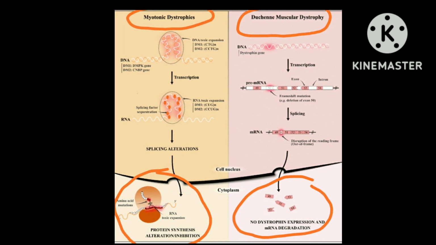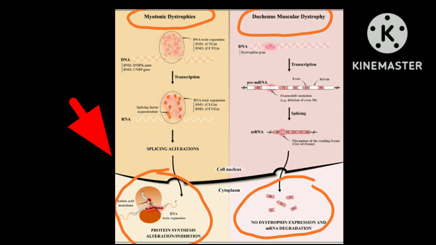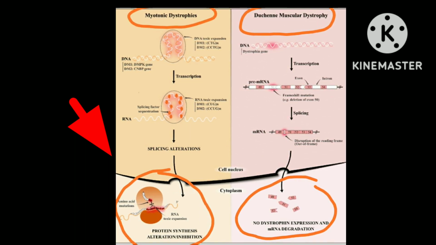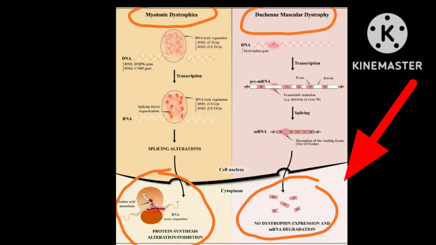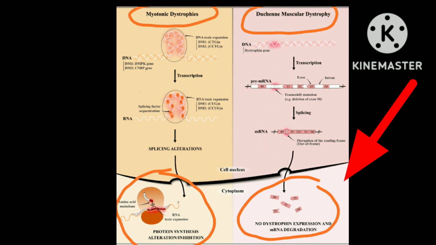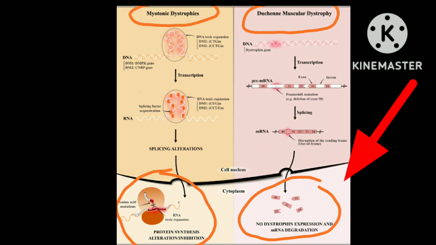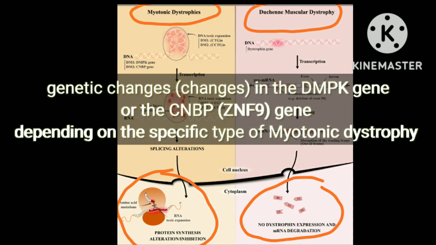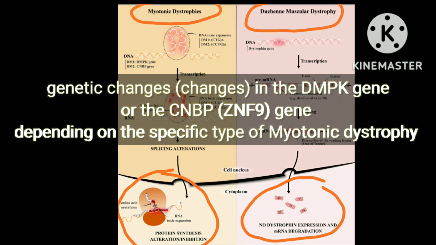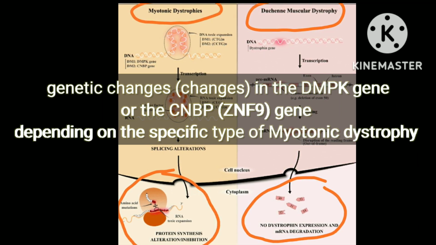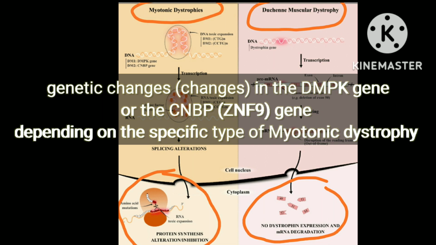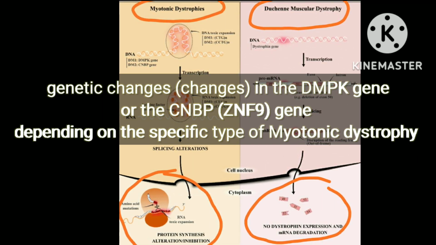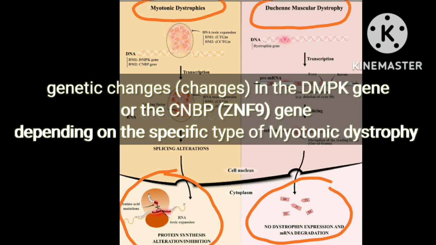In myotonic dystrophy, always remember that there is alteration in protein synthesis, whereas in Duchenne's muscular dystrophy, there is no dystrophin expression and there is mRNA degradation. As far as genetic changes are concerned in myotonic dystrophies, there is a mutation in the DMPK gene or the CNBP gene, which causes myotonic dystrophy.